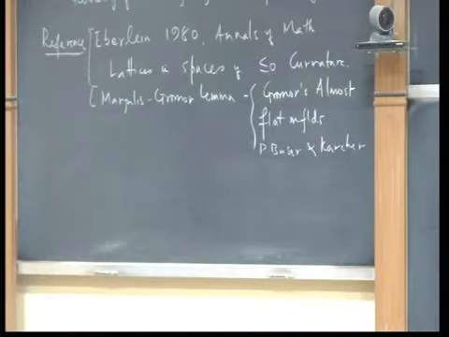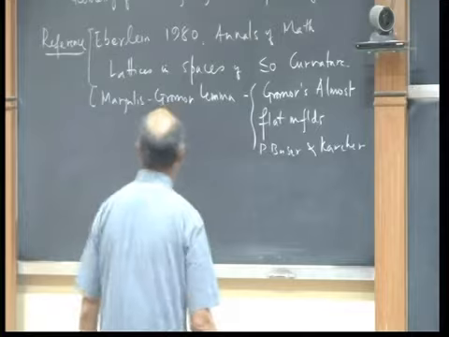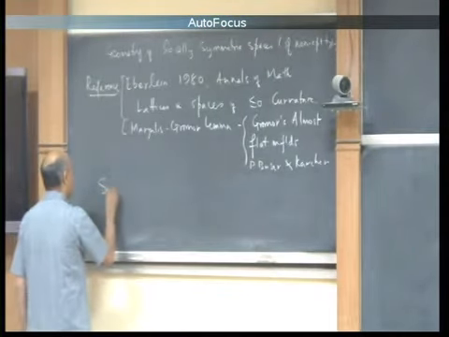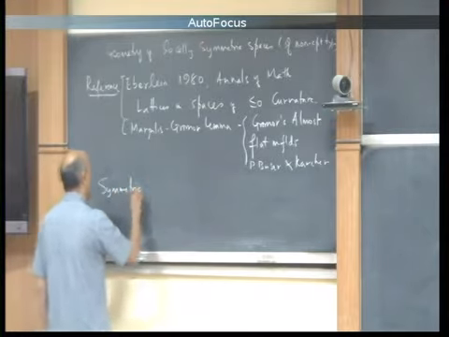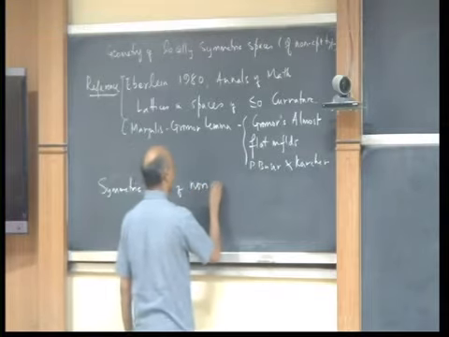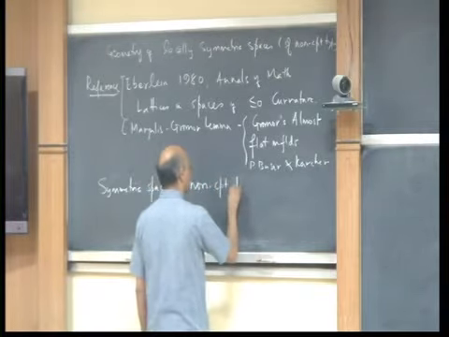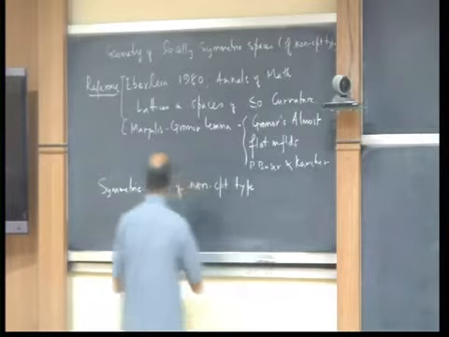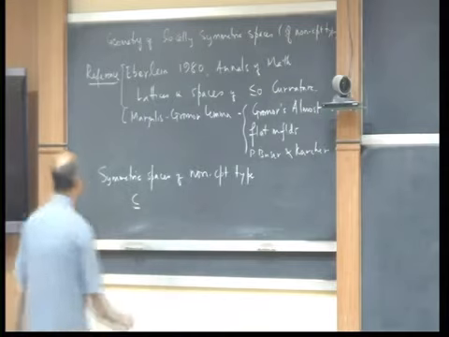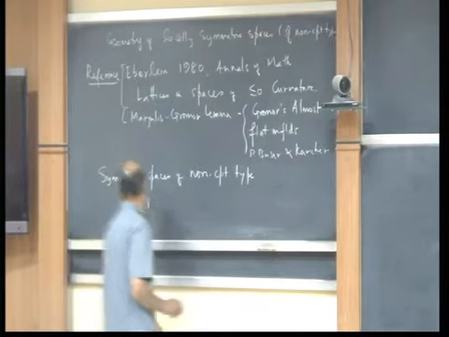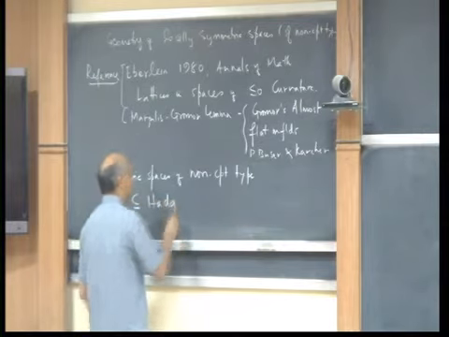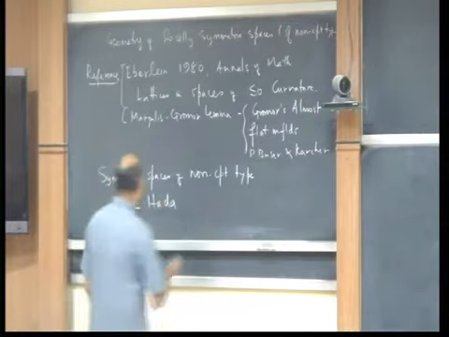Okay, so with this setup, yesterday we were talking about symmetric spaces of non-compact type. And I said that they are the most famous examples of Hadamard manifolds. That means simply connected manifolds with non-positive sectional curvature.